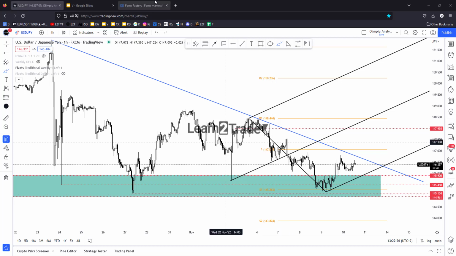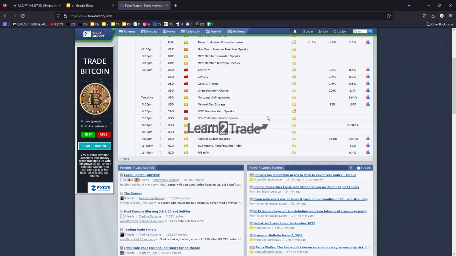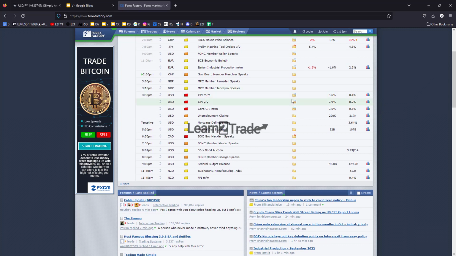But don't forget that later today we'll have the CPI, consumer price index. Month over month, 0.6% growth expected in October. Consumer price index year over year, 7.9% growth expected.